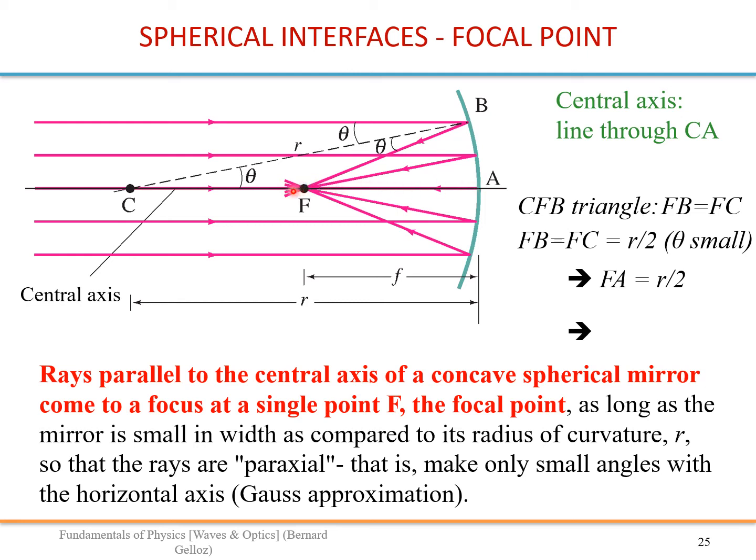It is equal because CB equals R, and this is half of it, so it is R divided by 2. Remember theta is almost 0. So FA equals R divided by 2, and this is called the focal length. In this case it is a positive number. We usually call it F, and in this case it is R divided by 2.